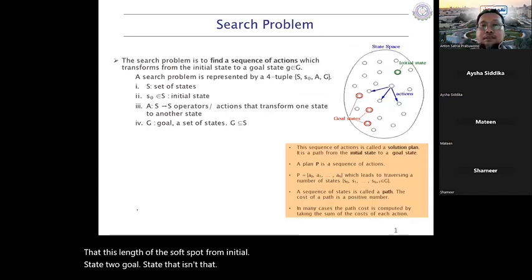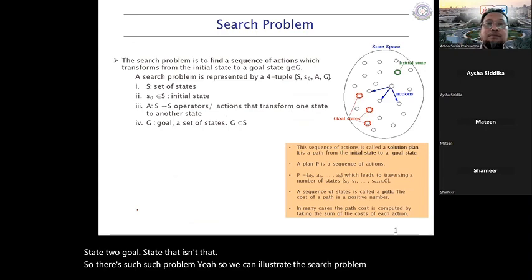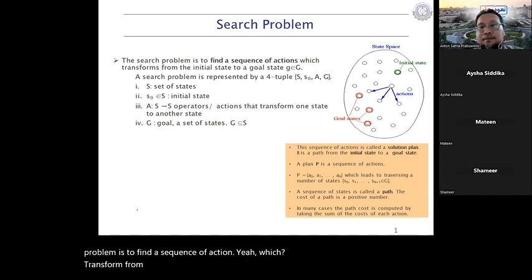So we can illustrate the search problem here. The search problem is to find a sequence of actions which transforms the initial state to the goal state.